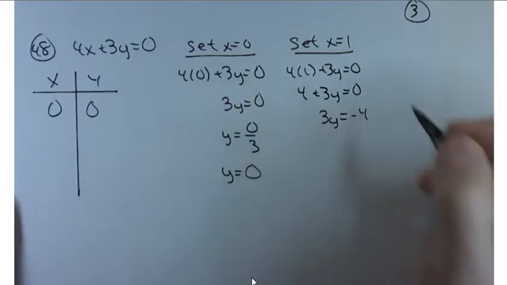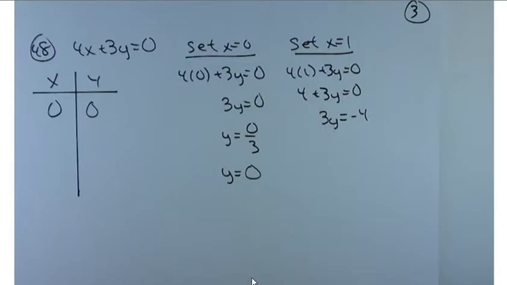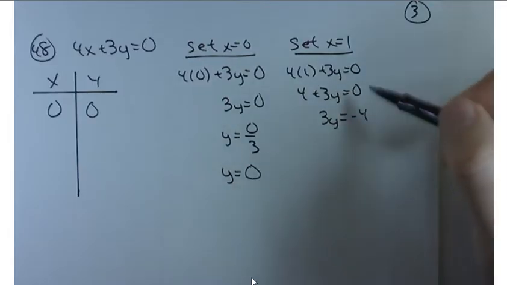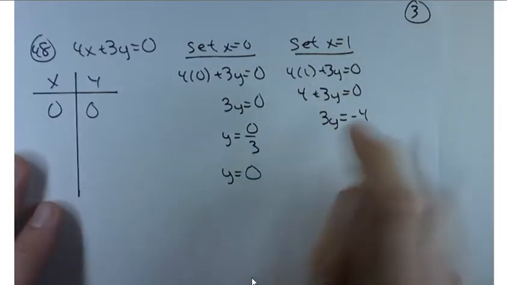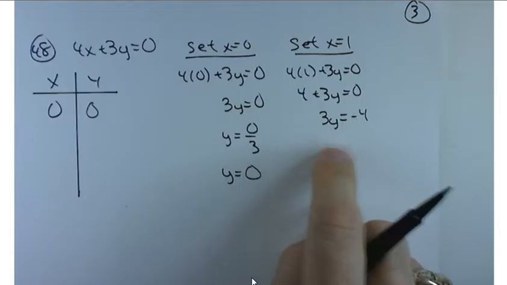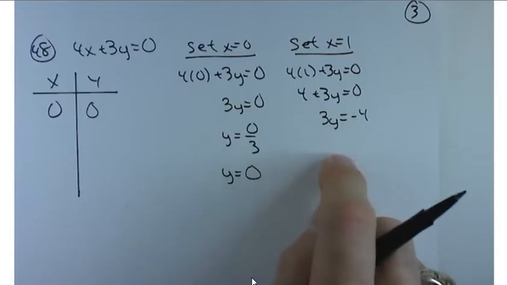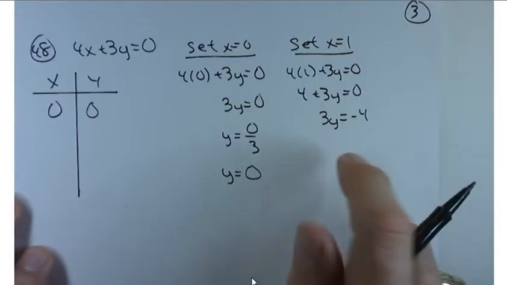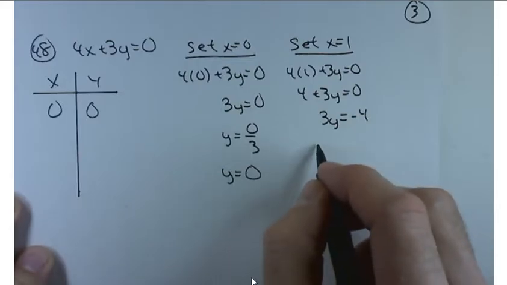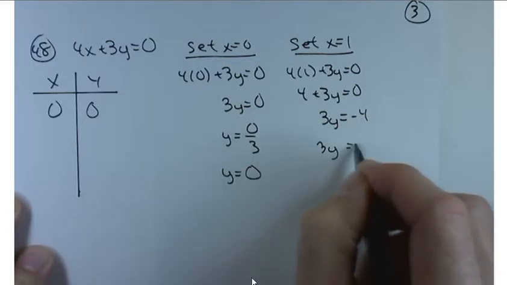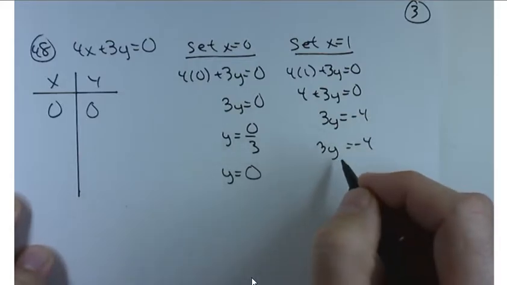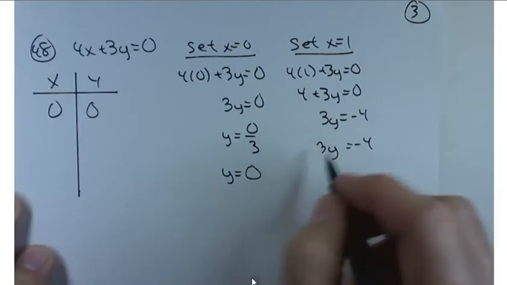If you subtract 4 from both sides, on the left-hand side you'll get just 3y. On the right-hand side we get negative 4. Almost done. What does y equal? What do we have to do to solve for y? Divide by 3.